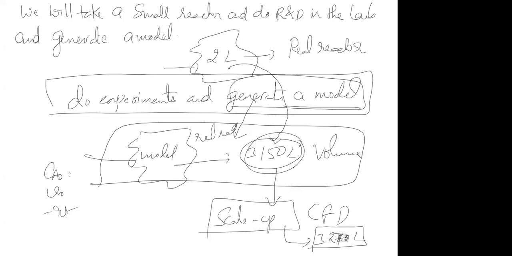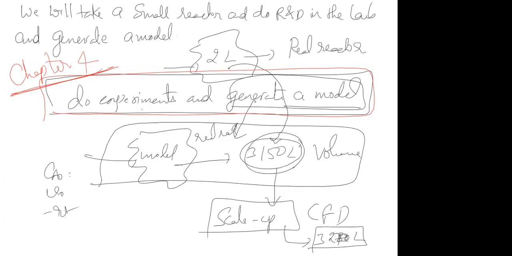This is how you do the entire reactor development. What you will do in chapter 4 is do experiments and generate a model. That is the objective of chapter 4. In chapter 4 you do experiments and generate a model on a small scale reactor, because CFD itself is a scale up.